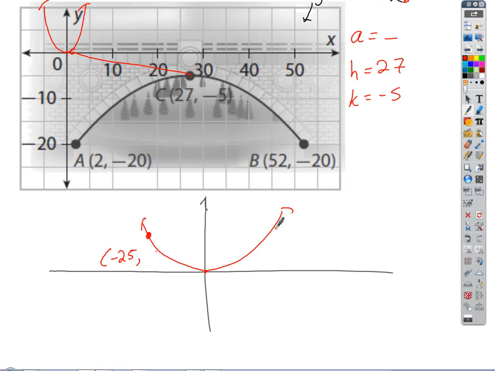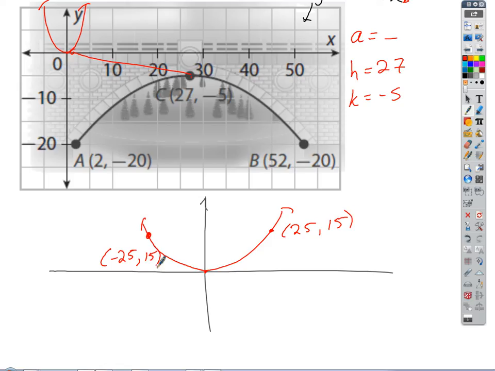So we got this other point over here at positive 25. What about the y value? What's it going to be? Positive 15 in both cases, right? If this thing is reflected back up, isn't -5 15 away from -20, right?